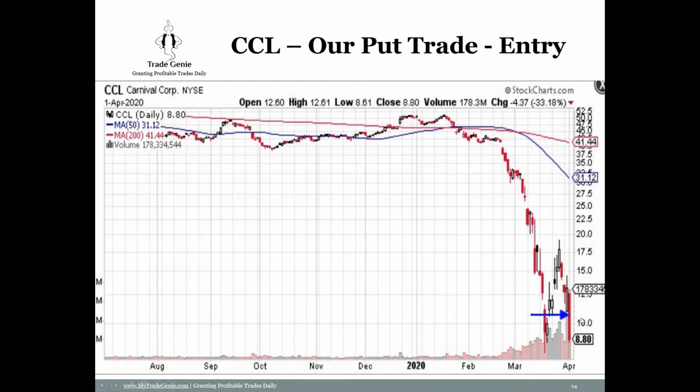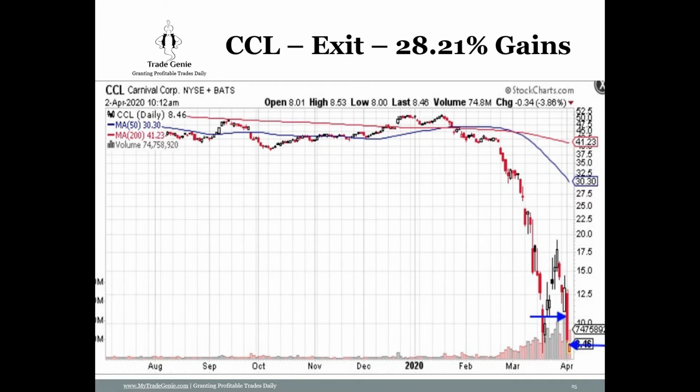So this is what happened when we bought right here. As soon as the low was broken, we bought the puts right here, and we sold. The logic is to sell because this is the low. This is from where the CCL rallied. So it can rally again because the buyers can come in and hold the position, right?